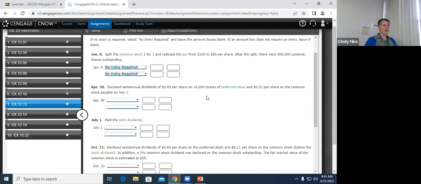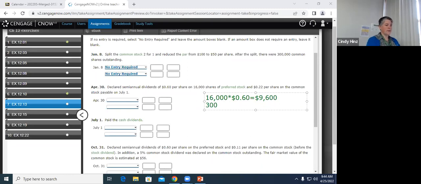On April 30th, we declared dividends on both the preferred and the common stock. Let me get my annotate up here. So let's figure out what the total value of that was. There are 16,000 shares of preferred stock outstanding, and each of those is going to receive 60 cents in dividends, for a total of $9,600.